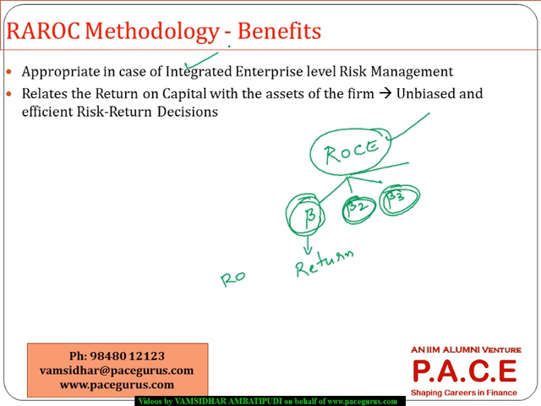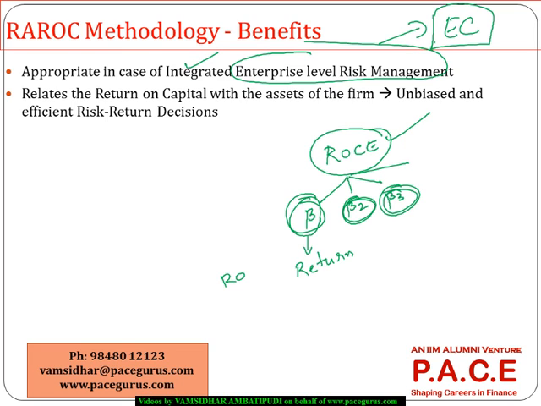Especially when we are talking about enterprise risk management, from there we have understood that this is the economic capital that needs to be set aside, or that needs to be taken care of, for making sure that the unexpected losses are covered. The allocation of that capital at the individual business unit level can be done through this RAROC methodology.